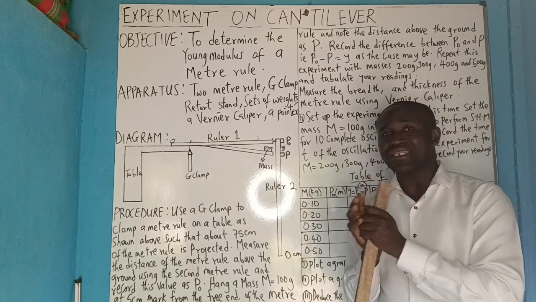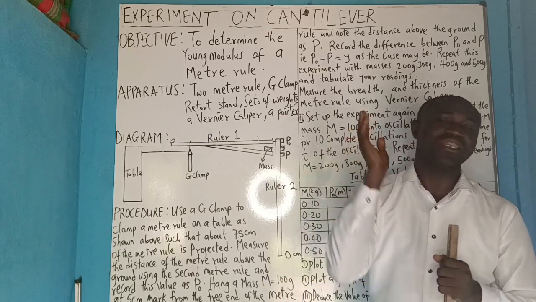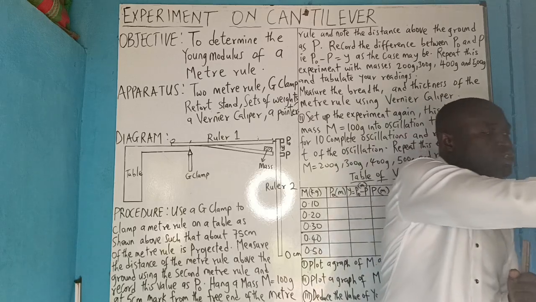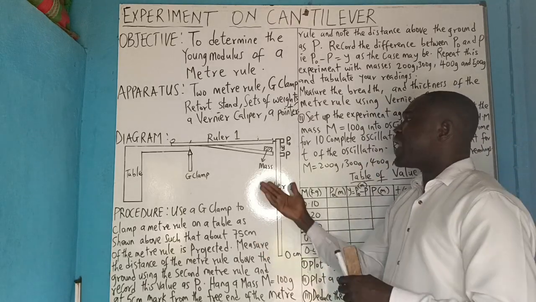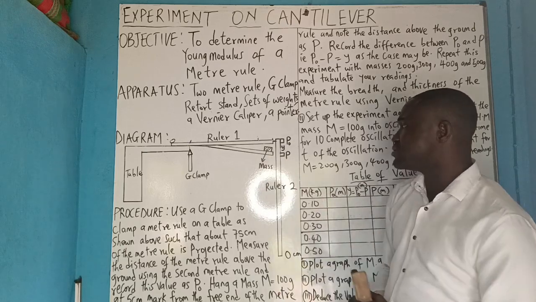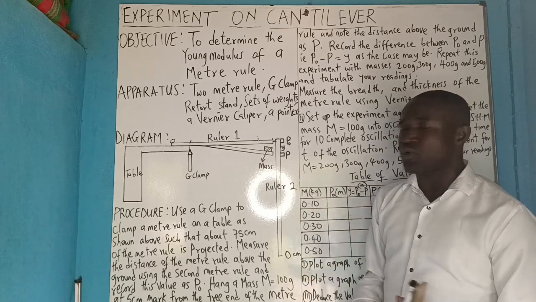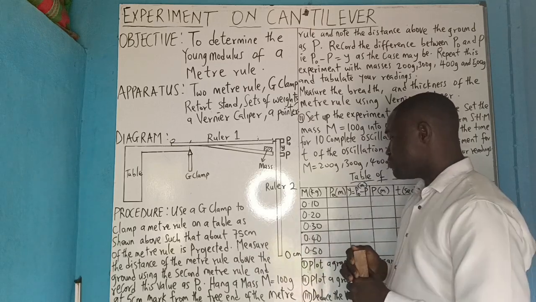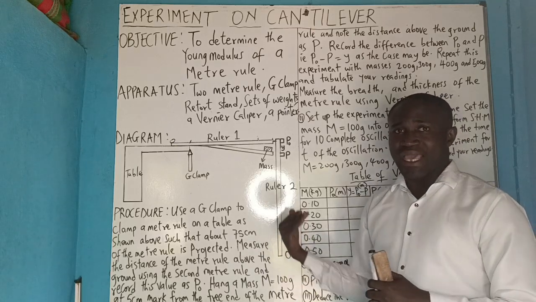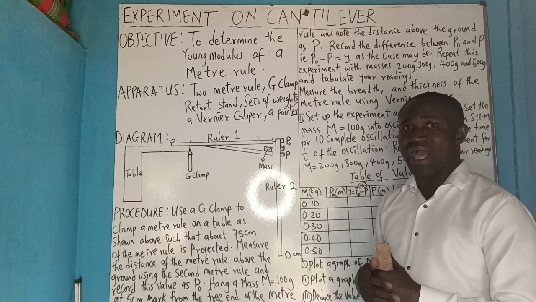The higher the stiffness, the higher the Young modulus. So we are applying this principle of bending to see how flexible or how stiff the meter rule is, and from what we get, we will be able to check our answer.